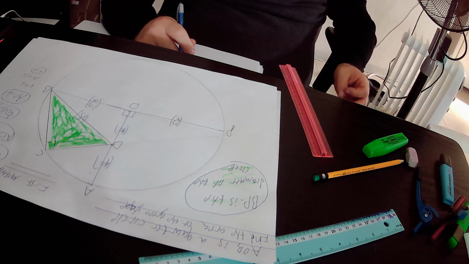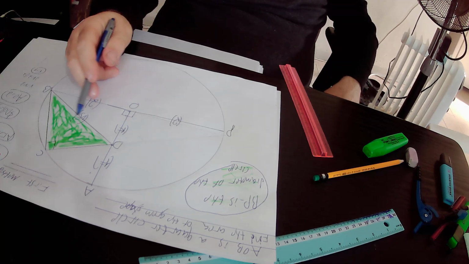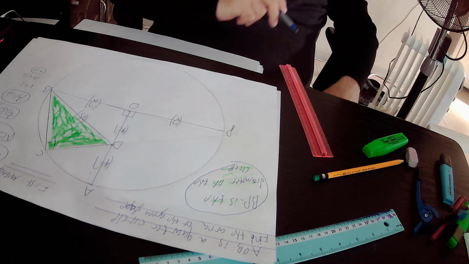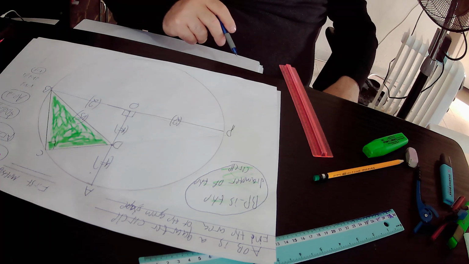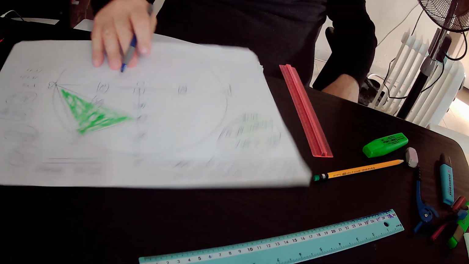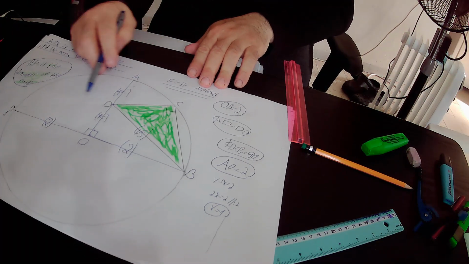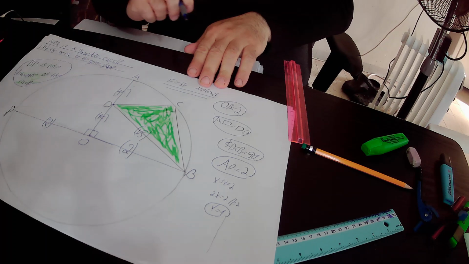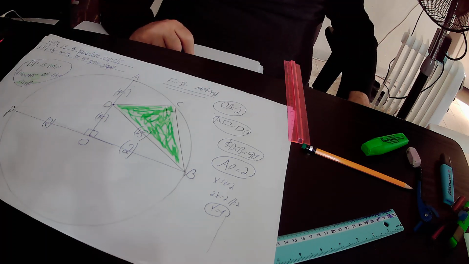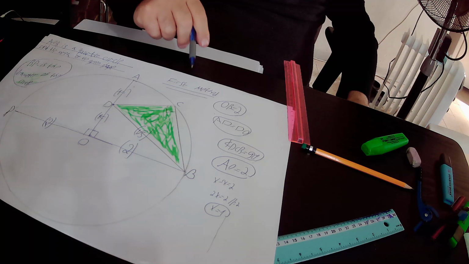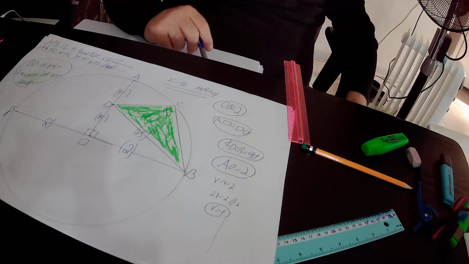In the next step, we will extend side CD by a straight line until it touches the circle. The question is where the extended side CD will touch the circle.